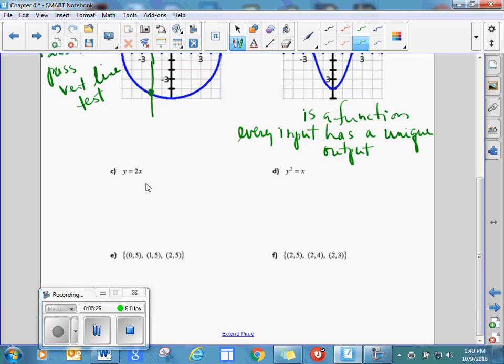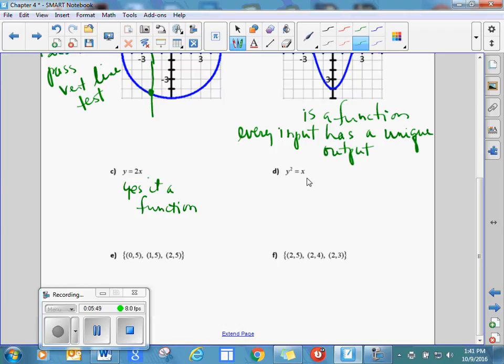There is no time where you're going to put in a 1 for x and get something other than 2. So I think we can say, yes, it is a function, because each x has a unique y that's not going to change if I put that same x value back in again.